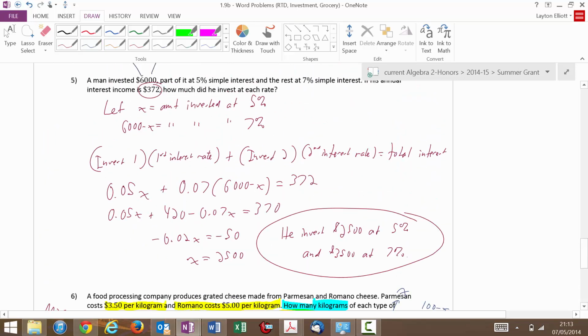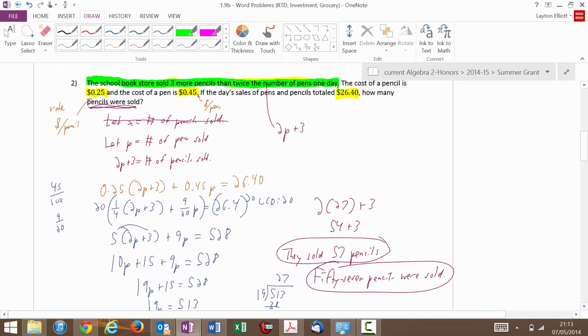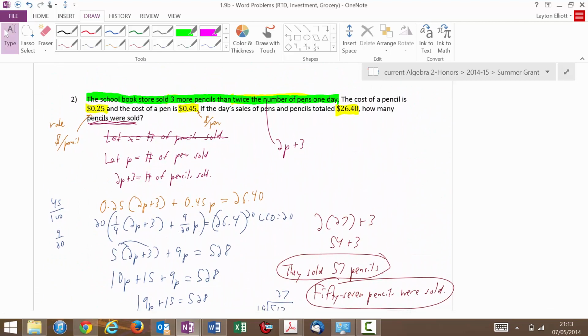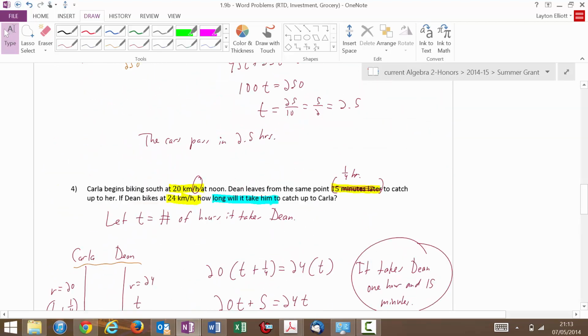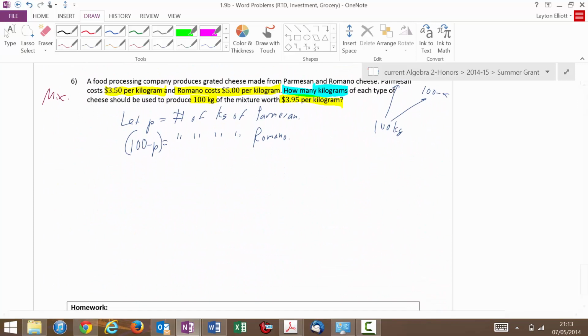Okay, now if we go back up to how we did this one way up here with number 2, this is like number 2, where we have a cost for something. This is the cost per kilogram. If I take Parmesan at $3.50 per kilogram, so $3.50 times the number of kilograms, and I add the $5 that Romano is times its amount, 100 minus p, I'm going to get, now here's the little difference here.